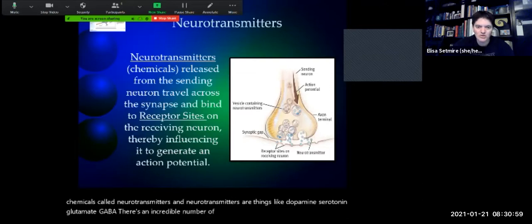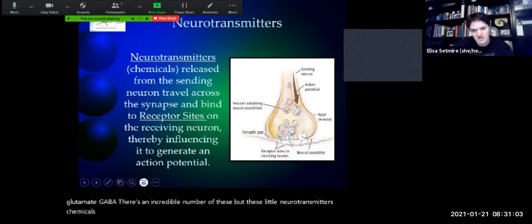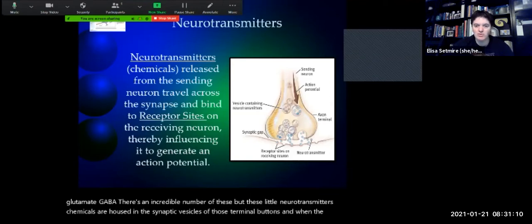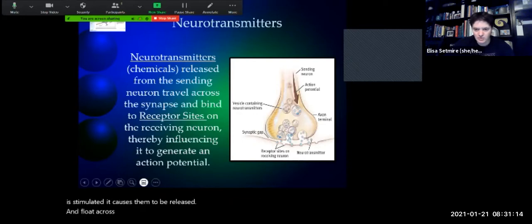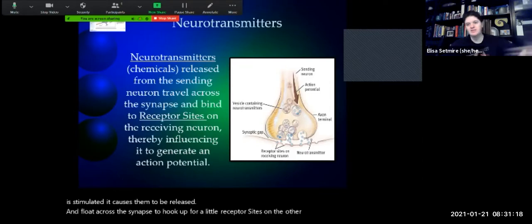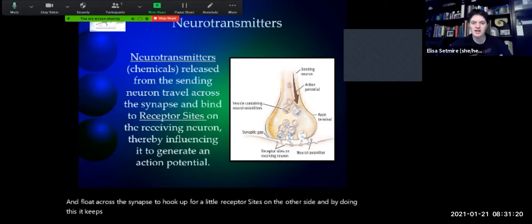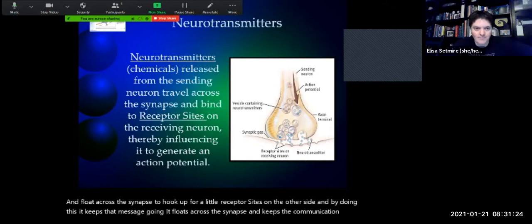These little neurotransmitter chemicals are housed in the synaptic vesicles of those terminal buttons. When the message is stimulated, it causes them to be released and float across the synapse to hook up to little receptor sites on the other side. By doing this, it keeps that message going. It floats across the synapse and keeps the communication going to the next neuron.